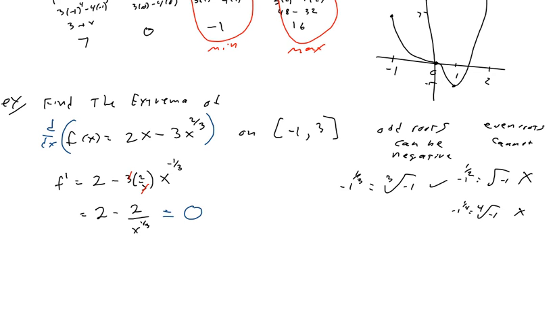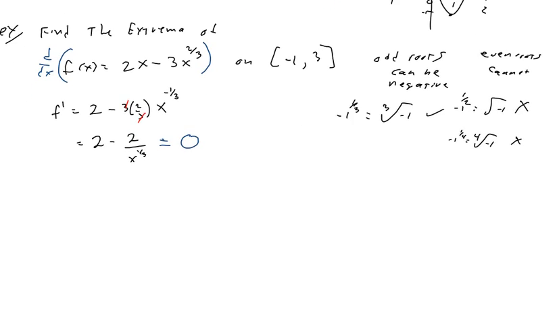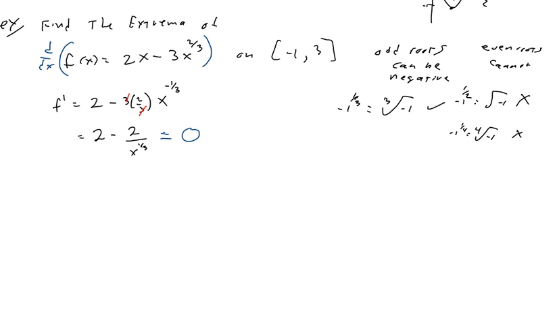So, easy thing to do, move this whole 2 over x to the 1/3 to the other side. Add it to both sides, and just move this over here, right? Add it over here. So I'm going to get 2 equals 2 over x to the 1/3.